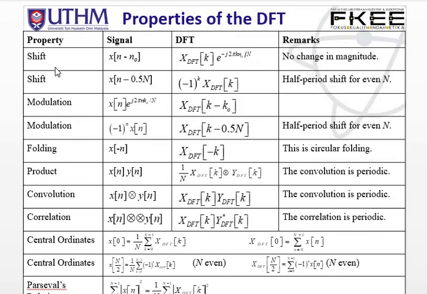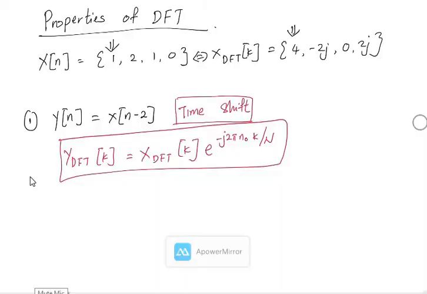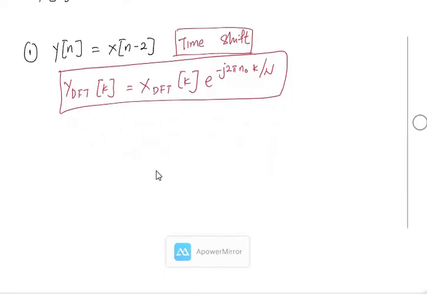Then you check your table for the time shift property. For the signal x[n minus n naught], the DFT is X[k] exponent minus j 2 pi k n naught over N. By following the time shift formula, we can substitute in the values.